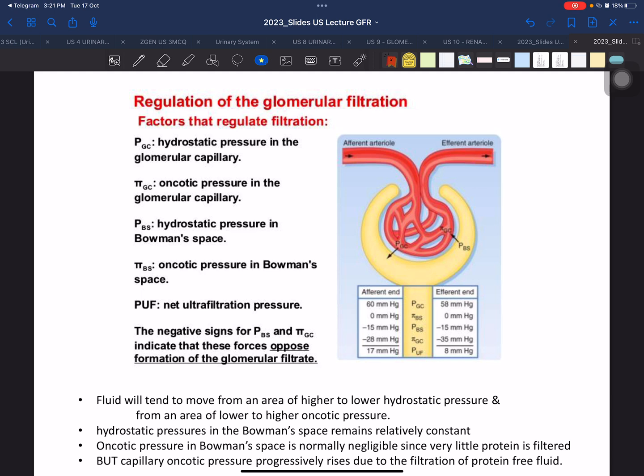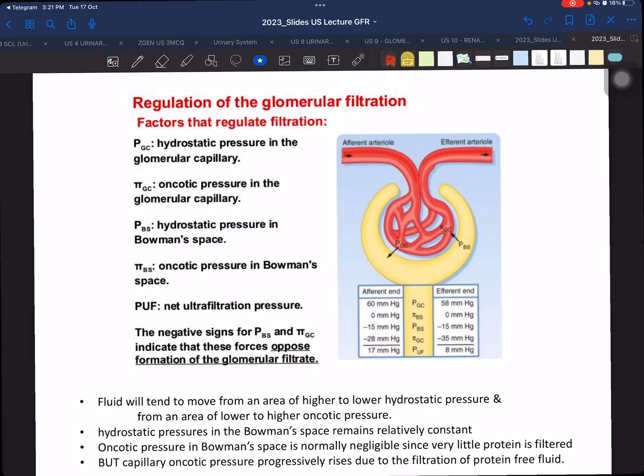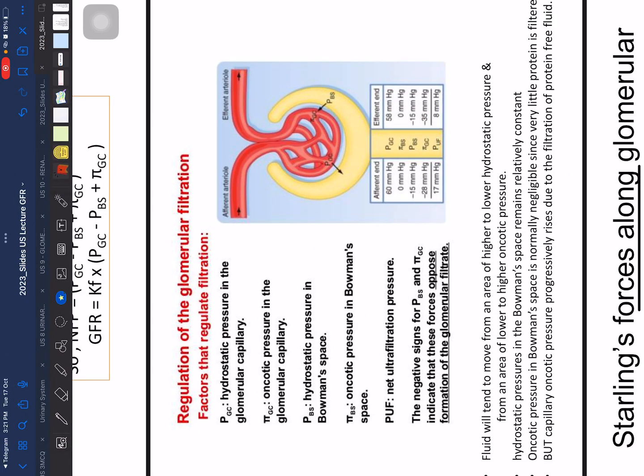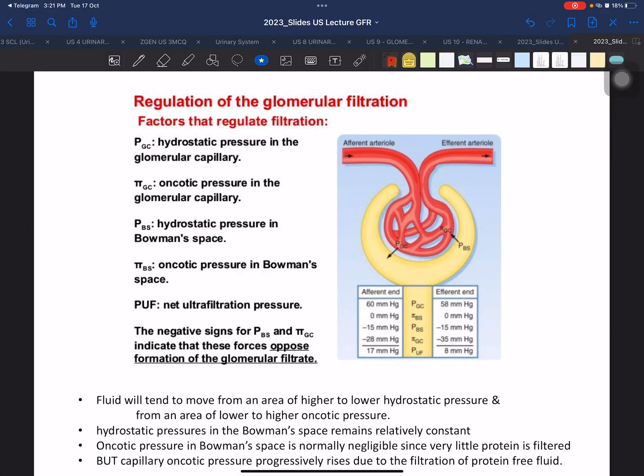And then you have pi BS, the oncotic pressure in the Bowman space. We said just now it is 0, so it can be neglected. Then the hydrostatic pressure in the Bowman space is around 15 mm mercury.